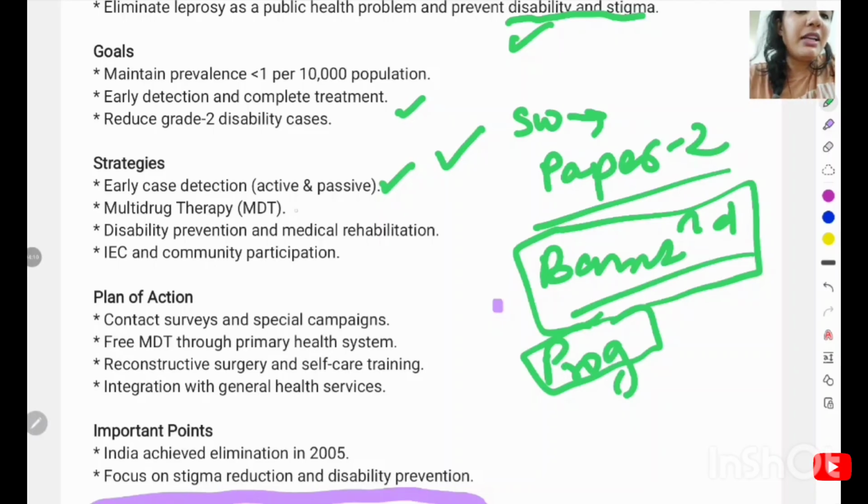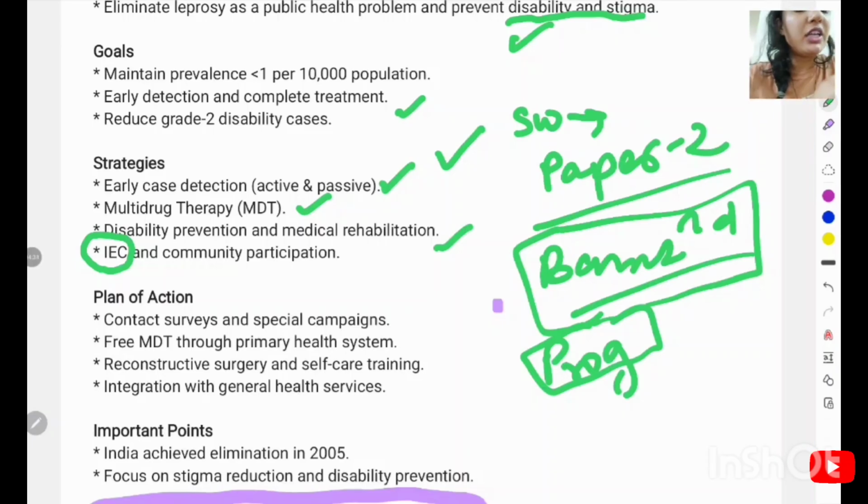And second is multi-drug therapy, disability prevention and medical rehabilitation. All the rehabilitation is taken, like medical, physical, social, vocational. And IEC, IEC is one of the keywords you can use in every program.